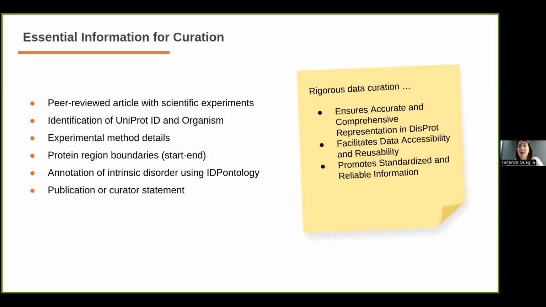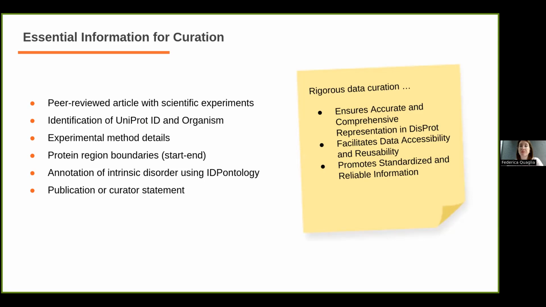Let's say statements from the methods that describe a region as disordered, might be from the results or discussion as well, or statements that describe a function of an intrinsically disordered region. In case a statement from the publication is not informative or clear enough for a user to understand why you annotated that region, you are allowed to add a curator statement. It means a statement that you can draft to make more clear what is happening in your annotation. What is the disordered region? What is its function?